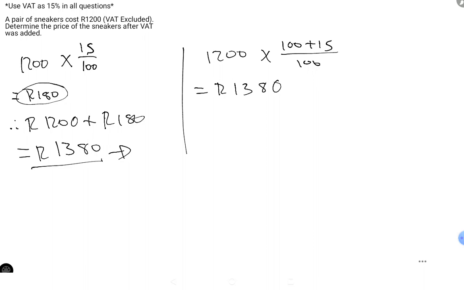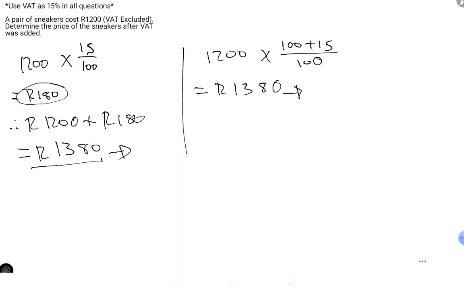So if we add the VAT on top of that, it's no longer 100%, it's 100 plus 15, so it's 115%, and that is over 100. And so if you put that on your calculator, straight away it will give you the price 1,380. And so that's how you would do that as well.